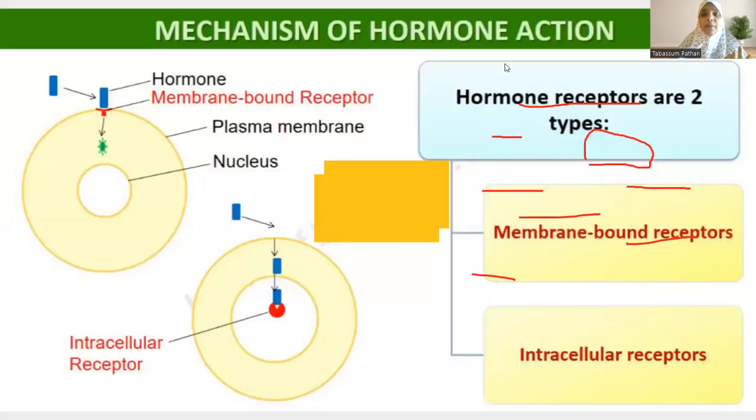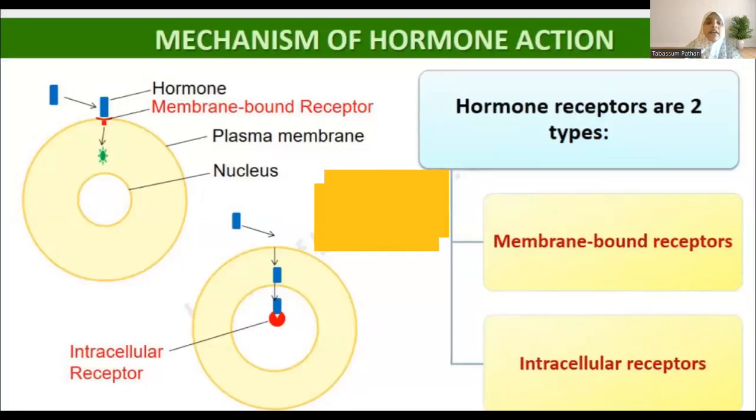Okay, so there will be two types of receptors. The mechanism of action of hormones will be divided into two types depending upon whether the receptors are membrane bound or intracellular in nature. Now you see this. This is a cell. The blue structure is the hormone. Membrane bound receptor means the hormone cannot pass through the membrane.